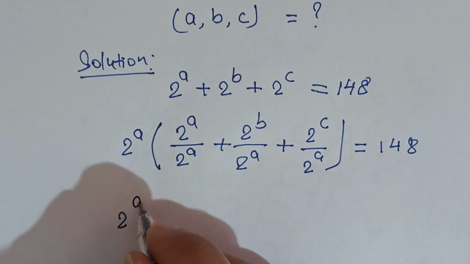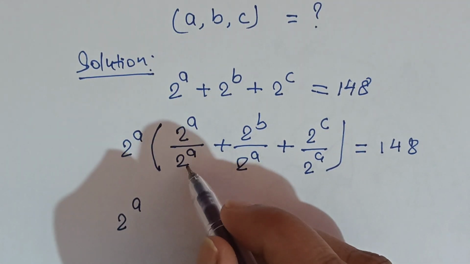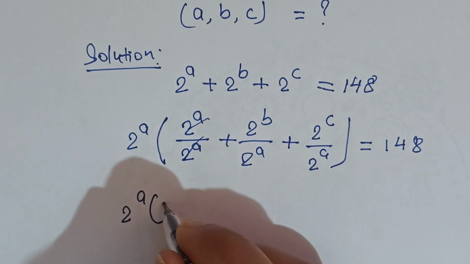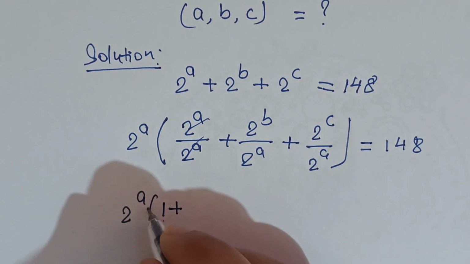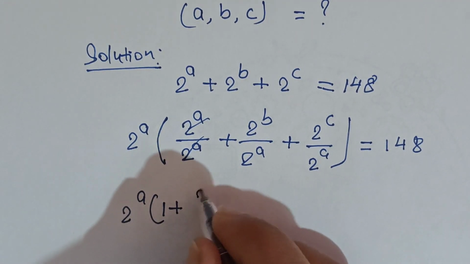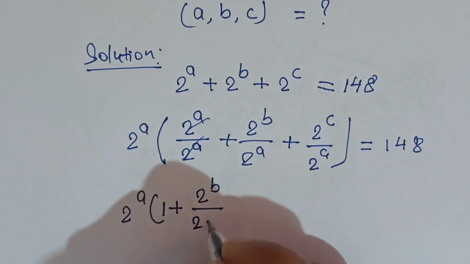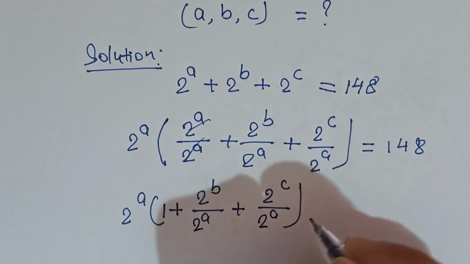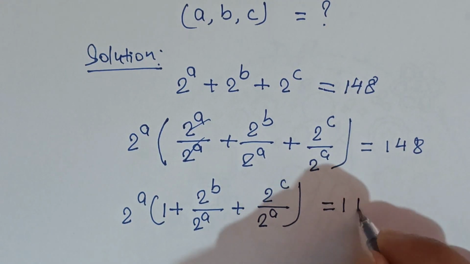Here 2 to the power a over 2 to the power a cancels, so 2 to the power a bracket 1 plus 2 to the power b over 2 to the power a plus 2 to the power c over 2 to the power a is equal to 148.